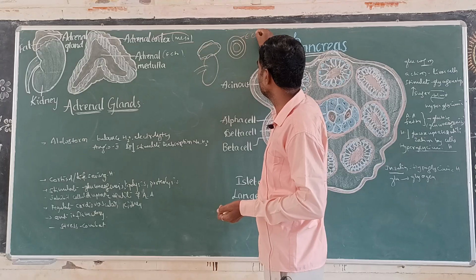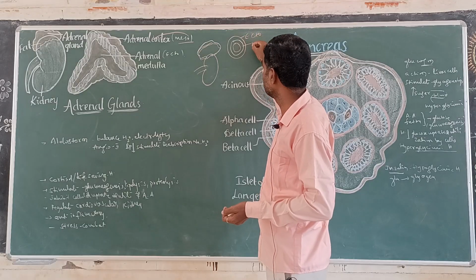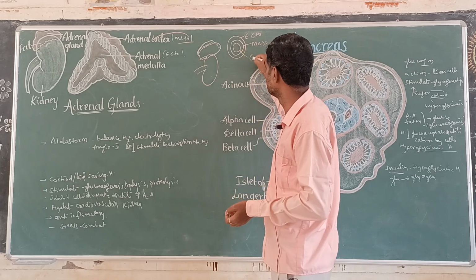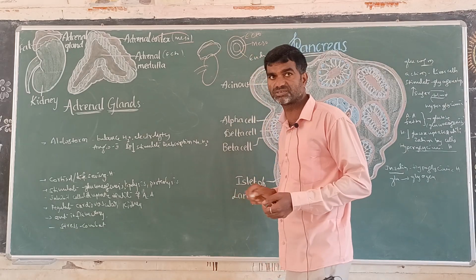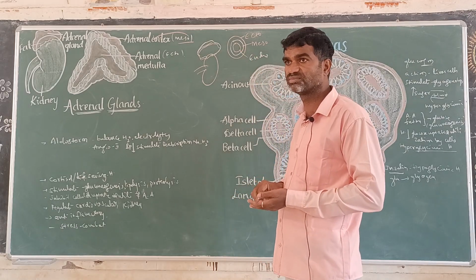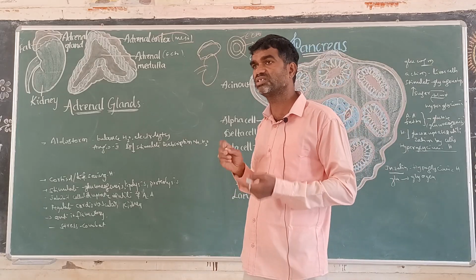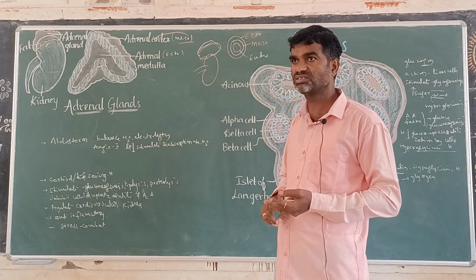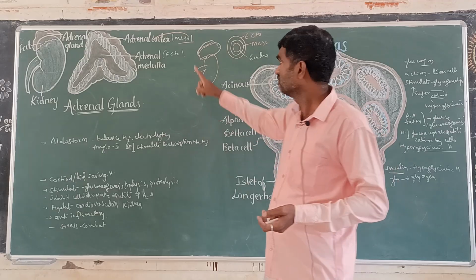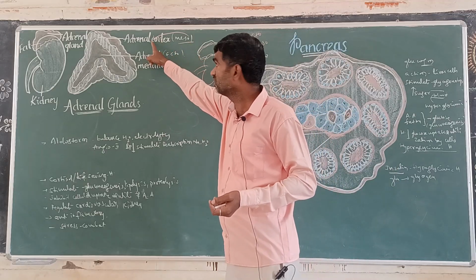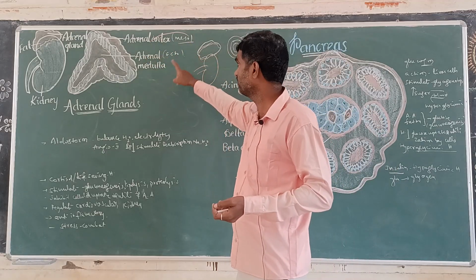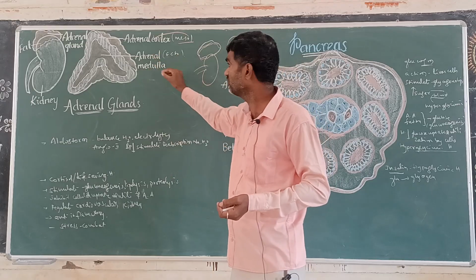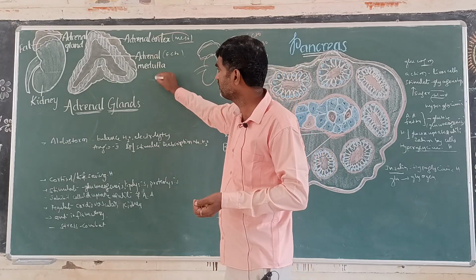These are the embryonic germinal layers, ectoderm, mesoderm and endoderm, and these are triploblastic organisms. So the adrenal cortex is of mesodermal origin, and the adrenal medulla is of ectodermal origin. This is very important from the NEET point of view.